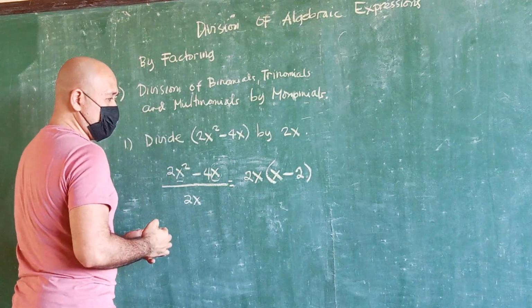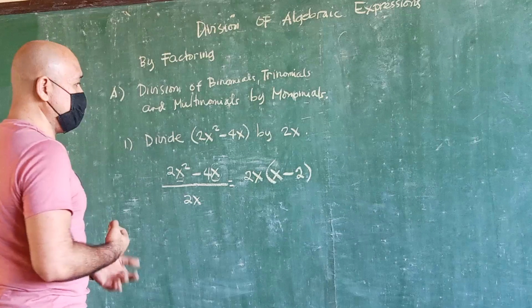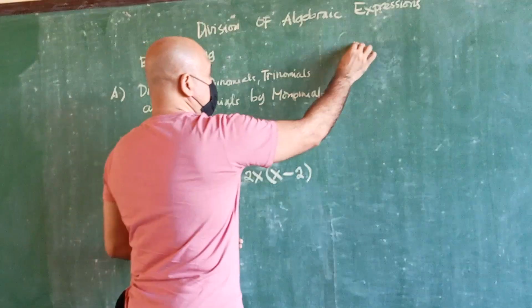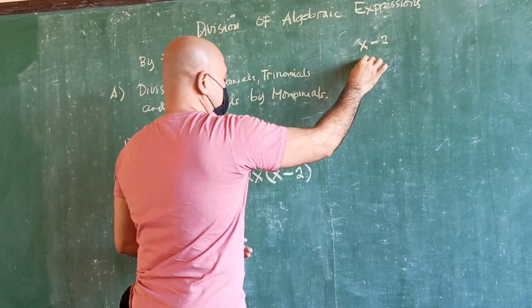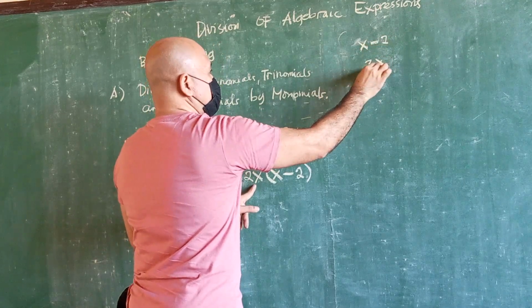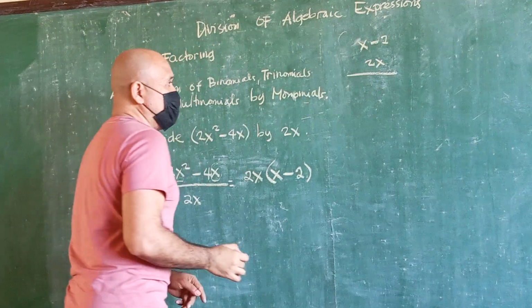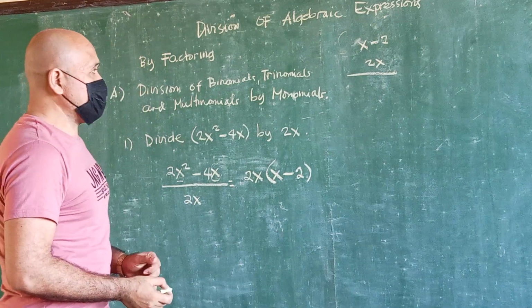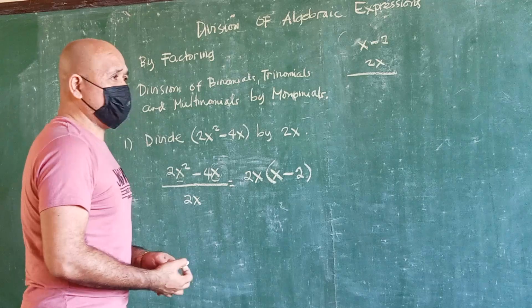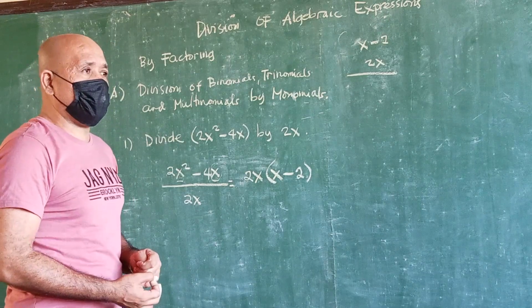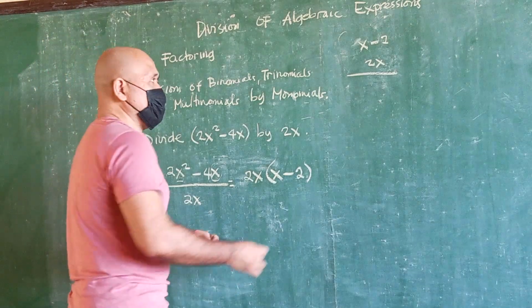So how are you going to check if that is the correct answer? Just simply try to do this one: x minus 2 times 2x. Can you still remember the multiplication of algebraic expressions? That is why you need the foundation on how to add, multiply, and subtract algebraic expressions.